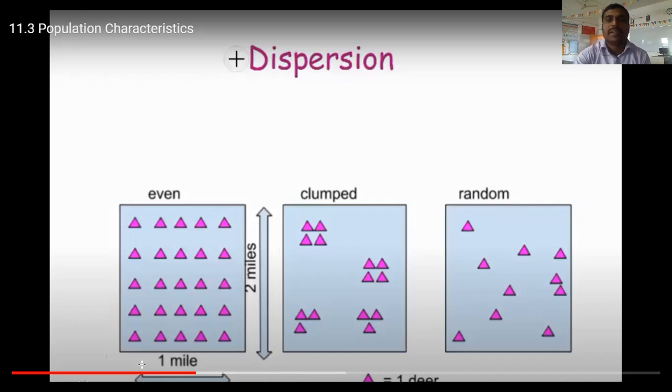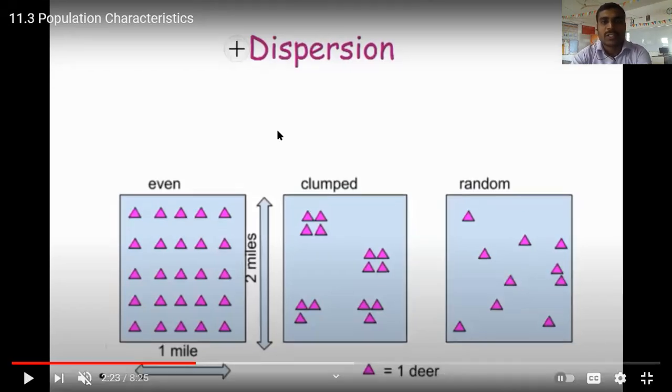Most populations exhibit this type of dispersion to some extent, with individuals arranged in aggregations, which may result from social aggregation such as family groups, or may be due to certain patches of environment that are more favorable for the population, as shown in this figure. These are the three types of dispersion of population. First is even, second is random, and third is clumped. Most species or populations show clumped dispersion in nature.